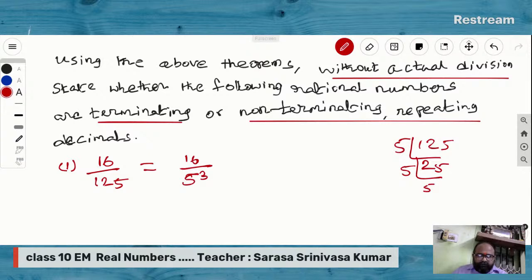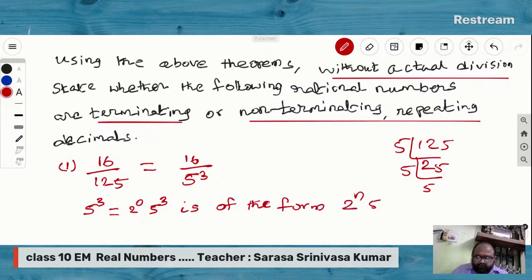So let this number be 2 power 0 times 5 power 3. 5 power 3 is of the form 2 power n 5 power m.